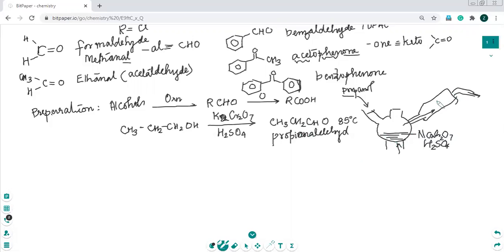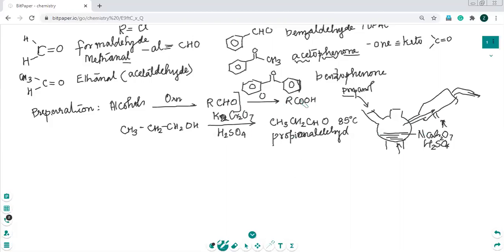There was a very interesting setup here with a long condenser, two condensers and cooling water. Hot water will be used for cooling on this side. I don't want to go into details of that. There was a specific arrangement for stopping this reaction at this stage. That is what is important.